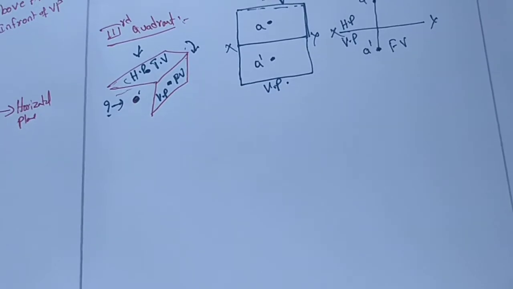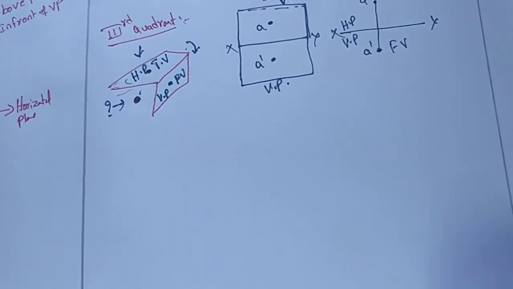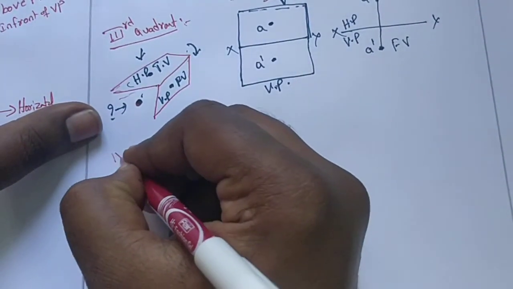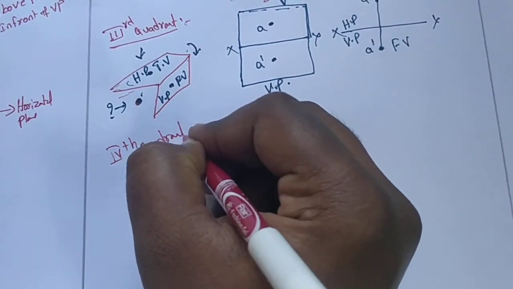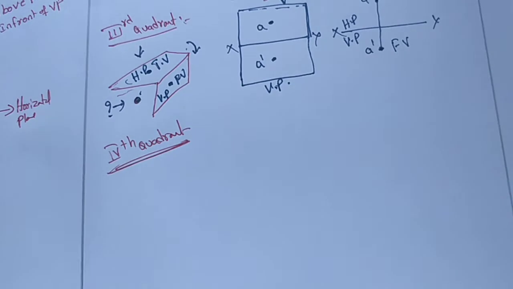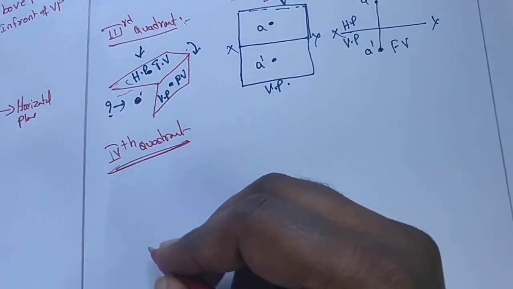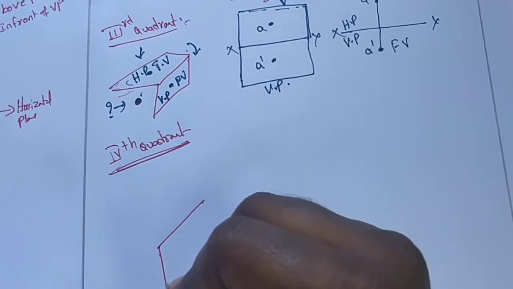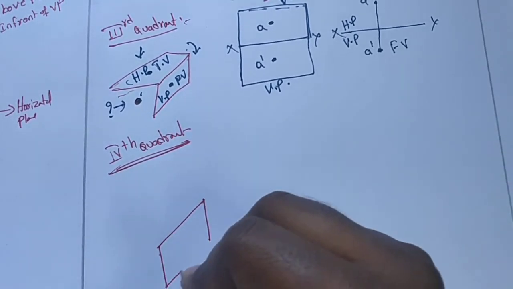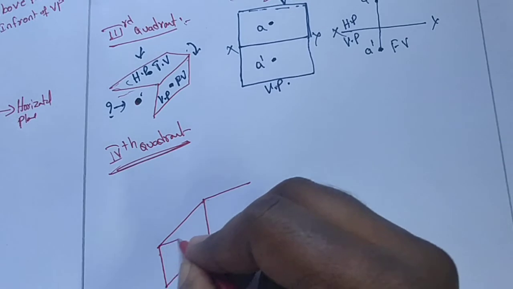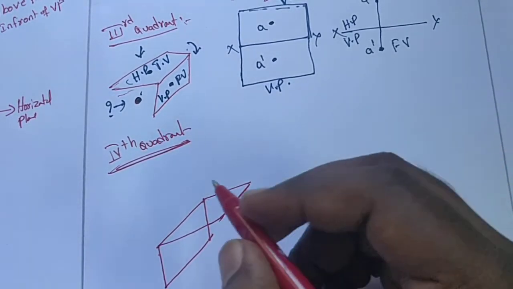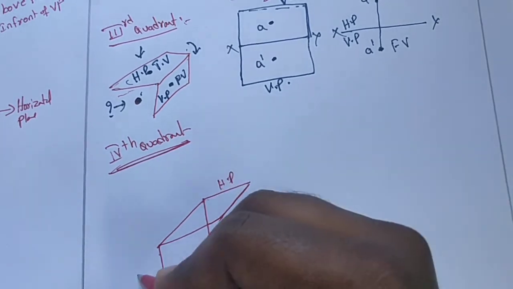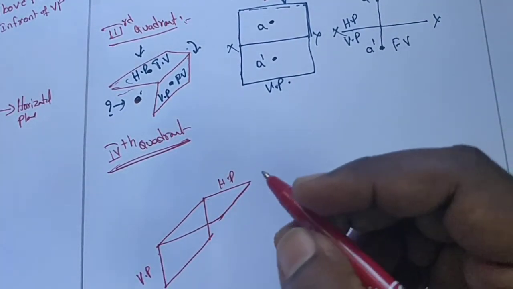Next, coming to the fourth quadrant. In the fourth quadrant, the planes will be like this. It is the vertical plane and this one is the horizontal plane.